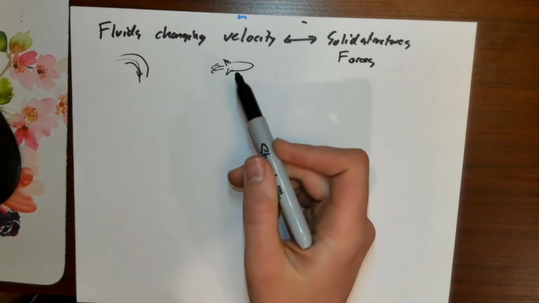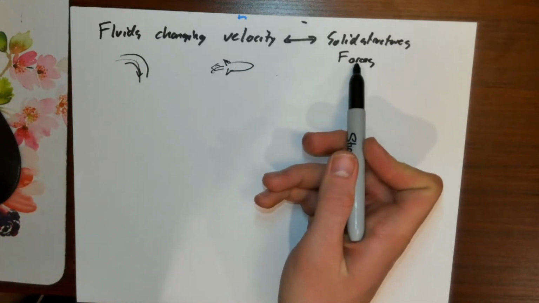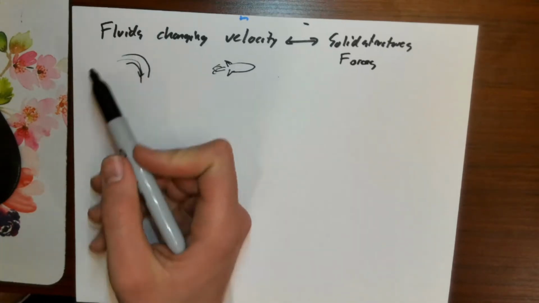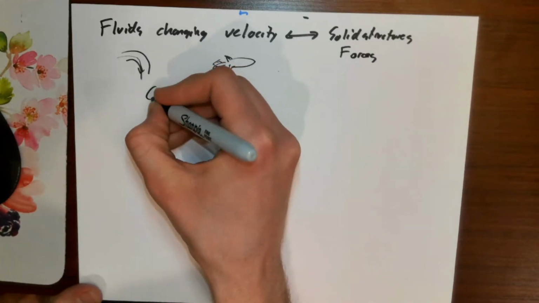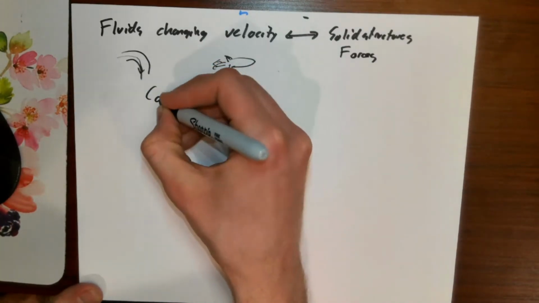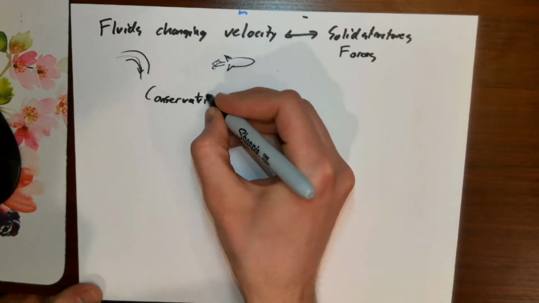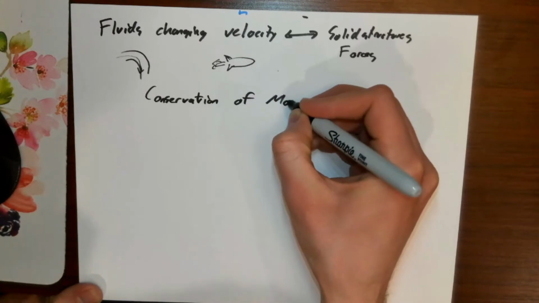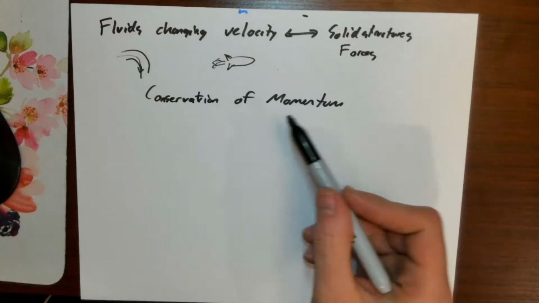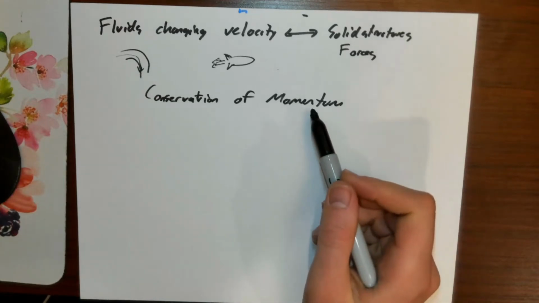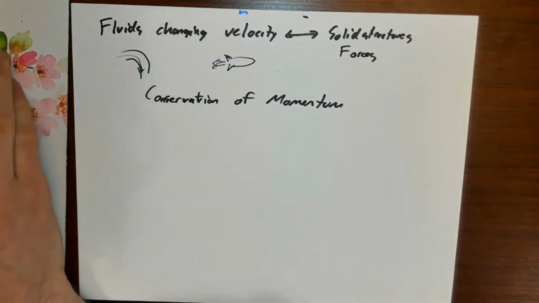And any time we want to analyze the relationships between forces and fluids, we frame them in the context of fluid mechanics in terms of conservation of momentum. So conservation of momentum is the mechanism by which we can relate forces to changes of velocity in fluids.